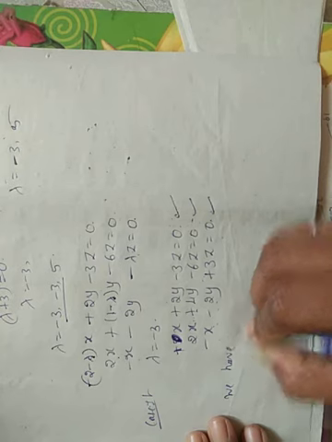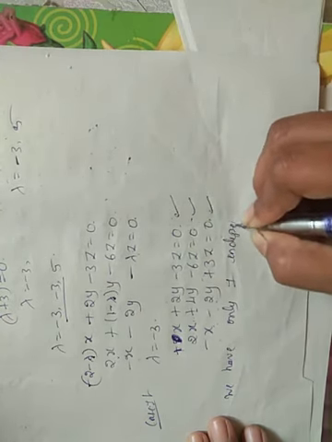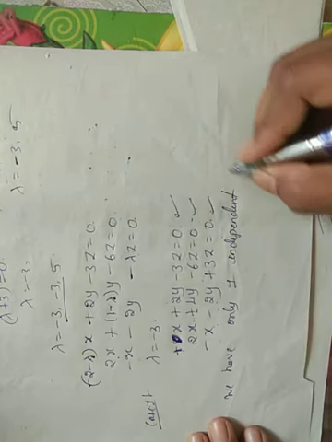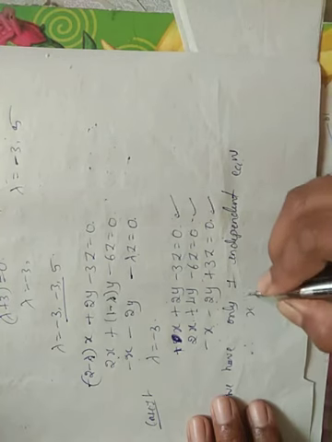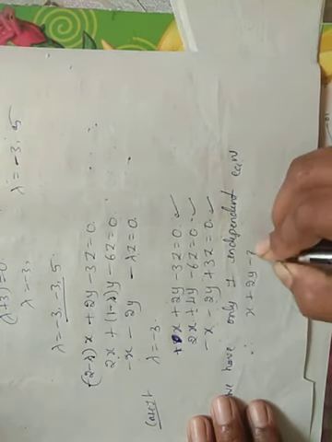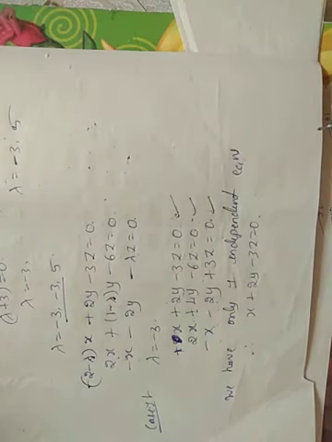We have only one independent equation. So x + 2y - 3z = 0 is the only independent equation here. So in this case, the rule of cross multiplication will not be applied.